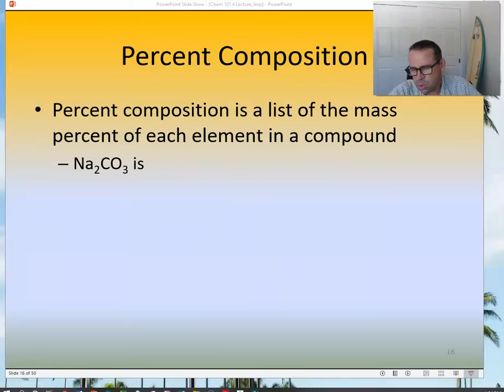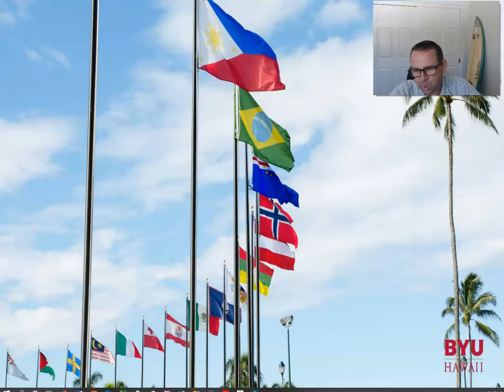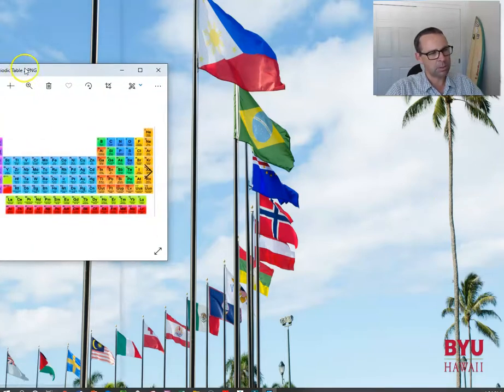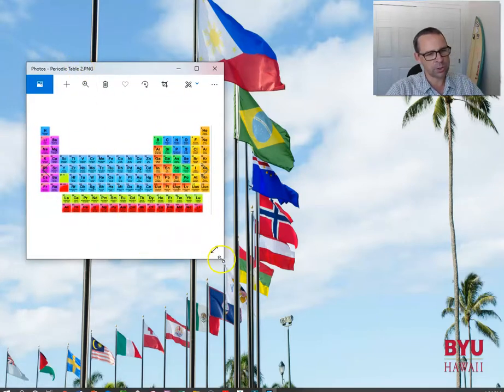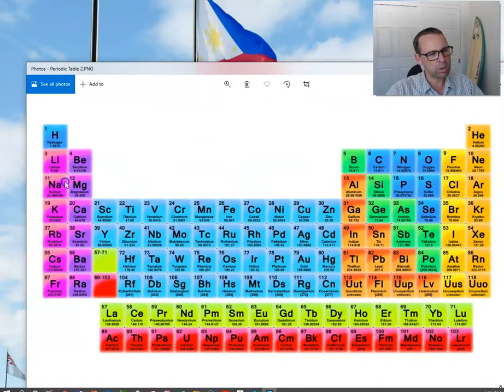Looking at our periodic table, we'll see that sodium is a representative element. It's from the first two columns. And so we know what its charge is always going to be in an ionic compound. It's always going to be a +1.